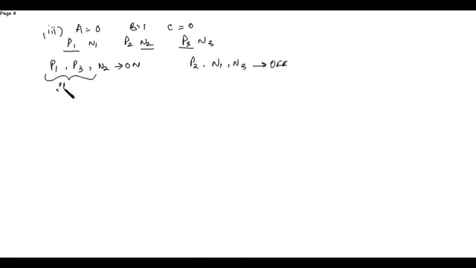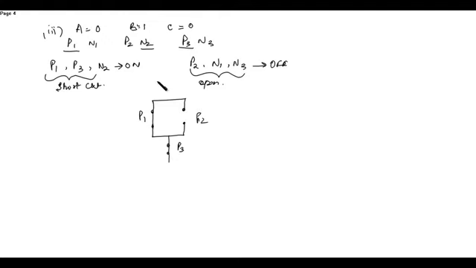So this is represented by short circuit and this by open. So now P1 is in parallel with P2. So P1 is short circuited, while P2 is open. Then P3 is again short.